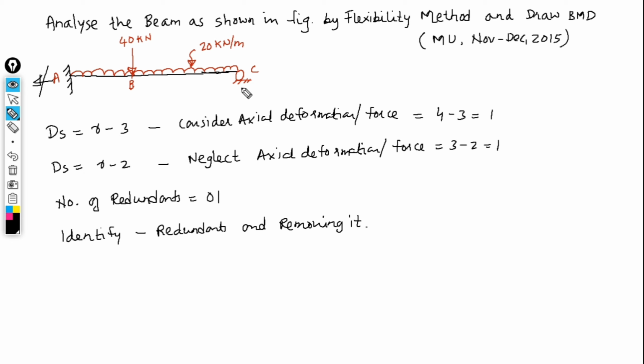One option is you can identify RC as a redundant and remove it, or else you can identify moment at A as a redundant and remove it. You need to remember that there is only one redundant. You have to remove either RC or MA, you have your choice.